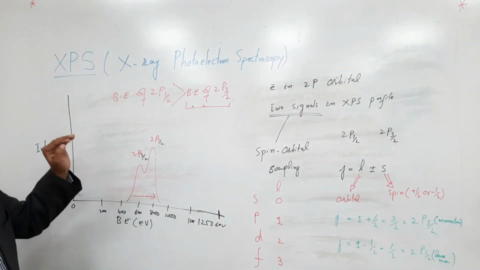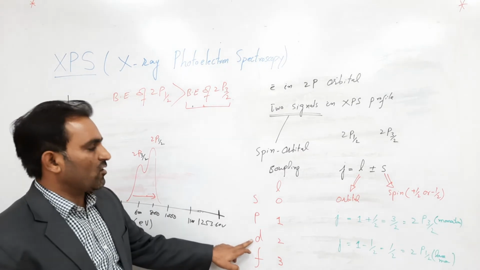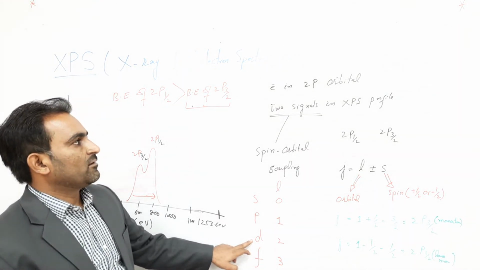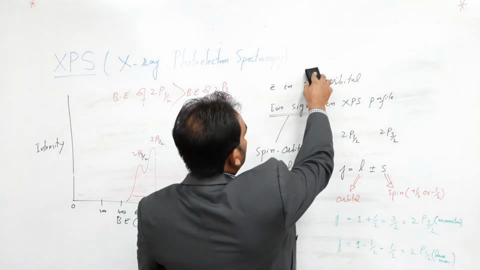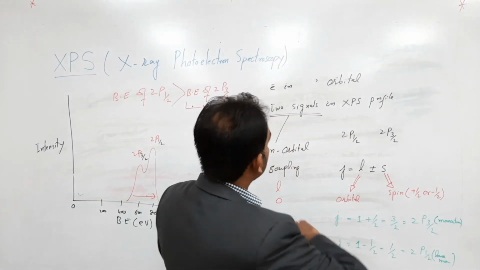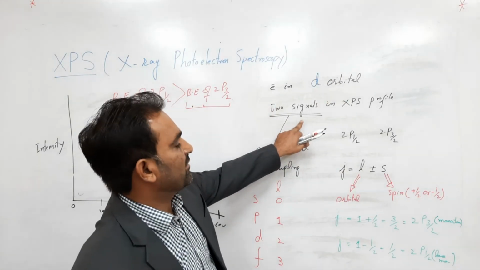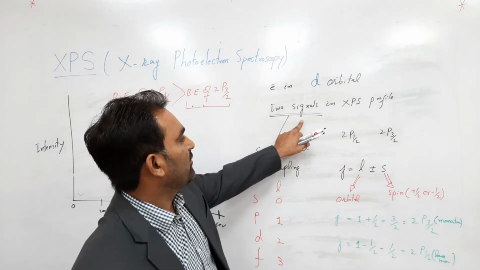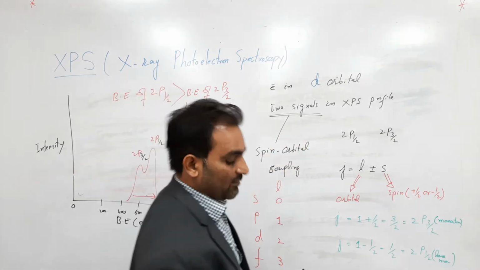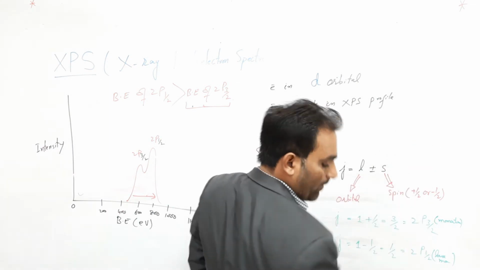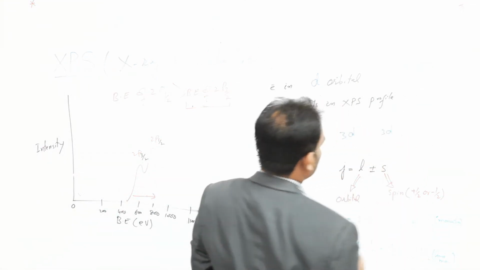Okay. You can apply the same concept for d orbitals. The electron present in a d orbital also gives you two signals. Suppose 3d and 3d.